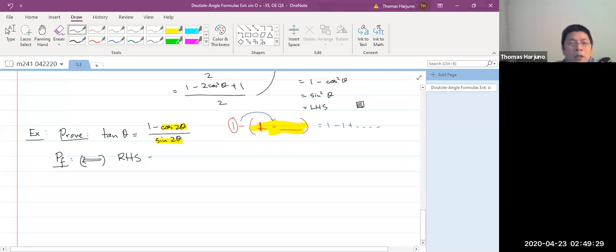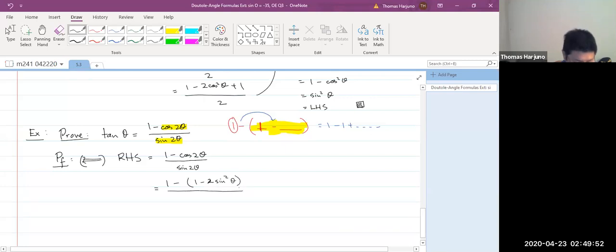Right hand side equals 1 minus cosine 2 theta over sine 2 theta. That equals 1 minus 1 minus 2 sine squared theta over, how about sine 2 theta?